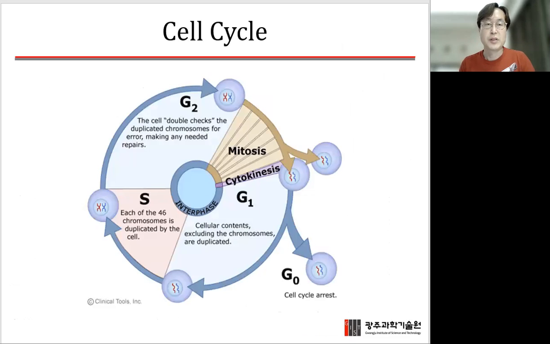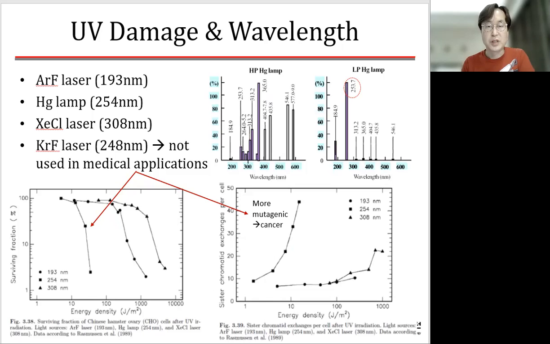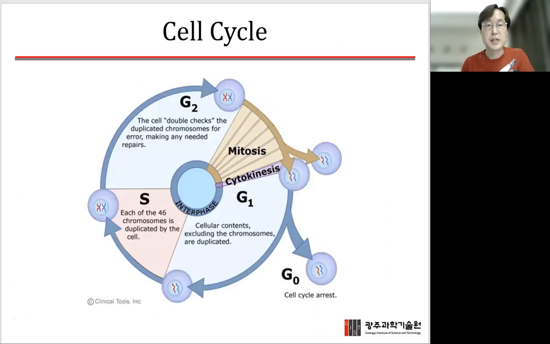So to talk about the sister chromatid exchange, let's look at the cell cycle. The cell cycle follows S, G2, and then goes to G1, and G0. G0 is cell cycle arrest. And then G1 is basically where chromosomes are going to be duplicated.